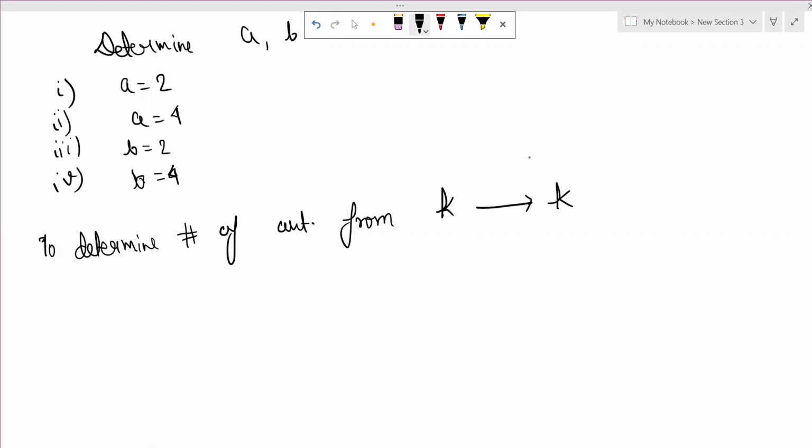Here K is Q adjoined with the fourth root of 2. This is the field. So how will you do such questions?